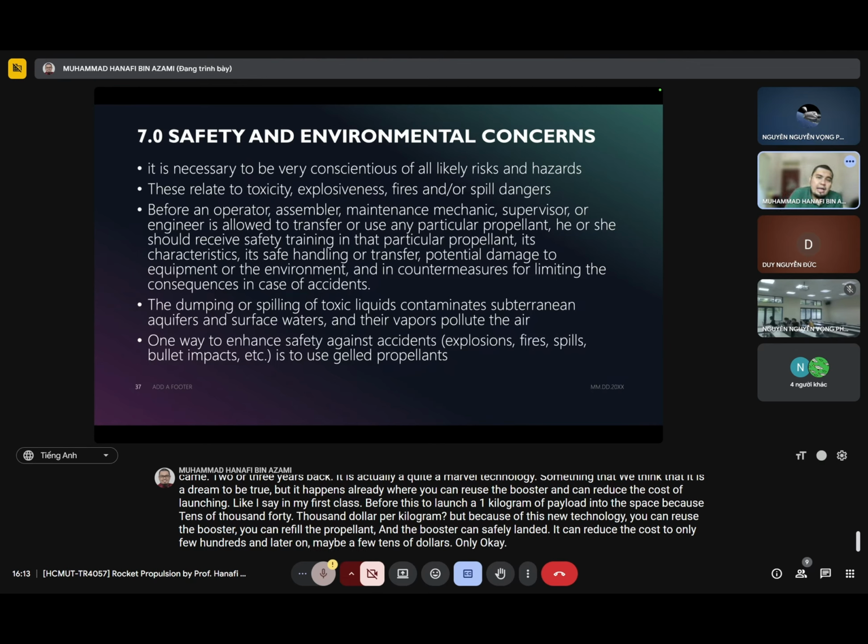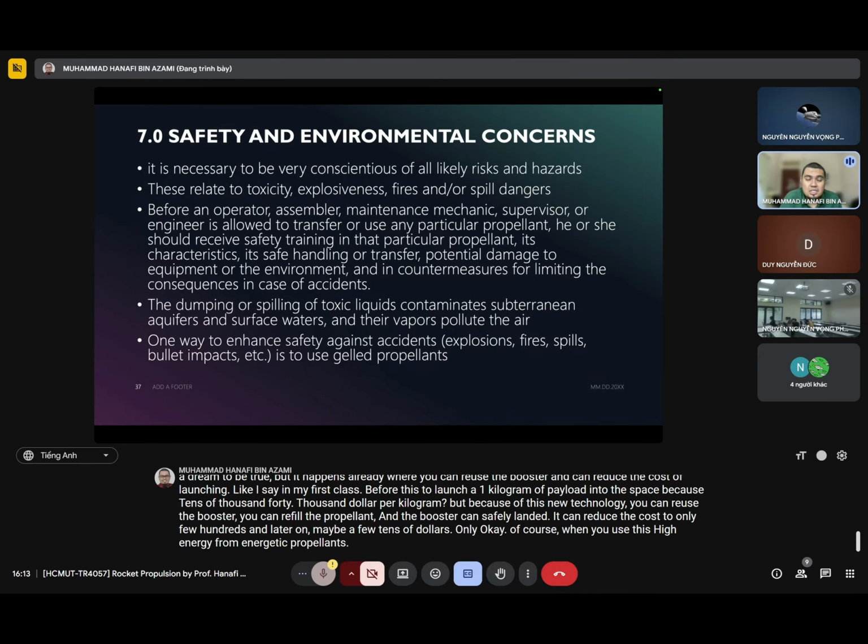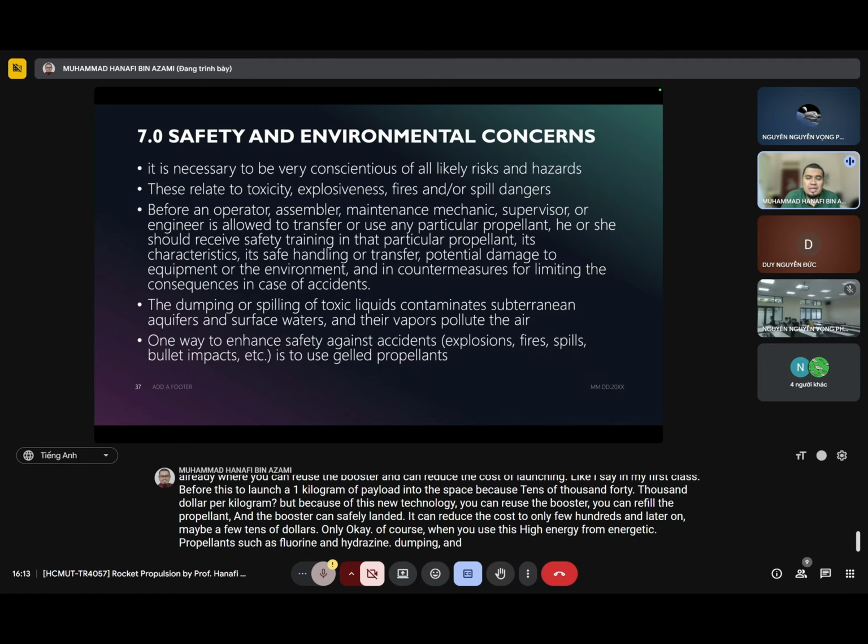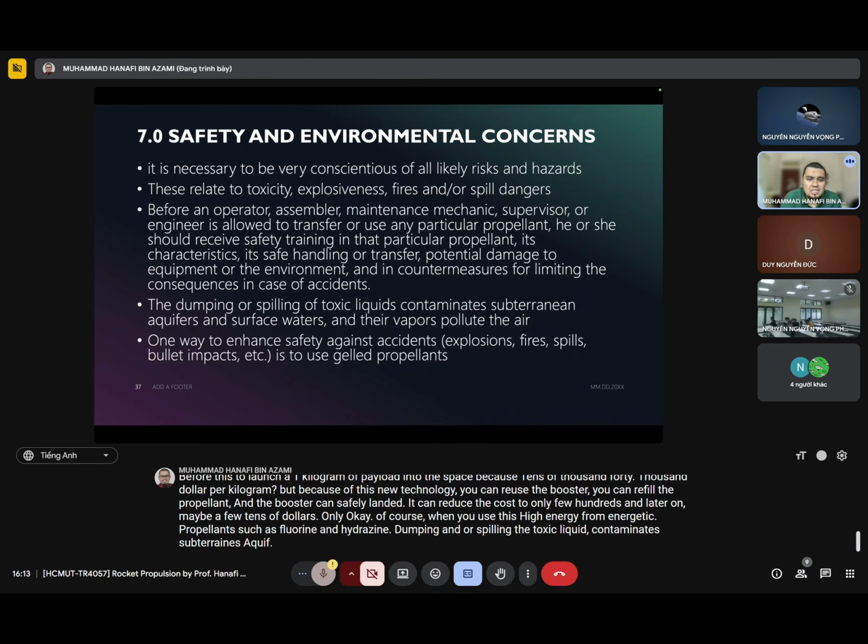Okay, and of course, when you use high energetic propellants such as fluorine and hydrazine, dumping or spilling the toxic liquid contaminates subterranean aquifers and surface water. This and their vapors pollute the air.